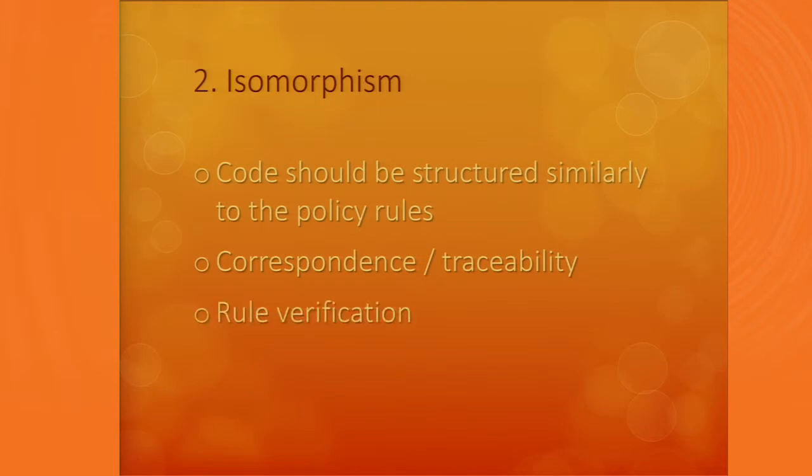So that way, if someone wants to verify it, they can compare both side to side if they understand the syntax that you're using to represent the logic. And it's easier to maintain because the law is going to change. When it changes, you need to know where the code has to change. So the closer that you can get the two to be structured, the better off you are.